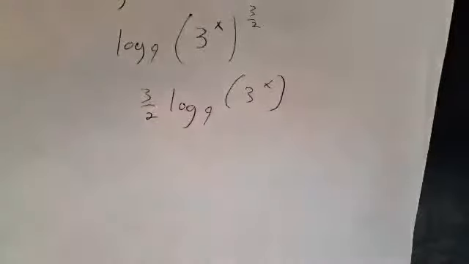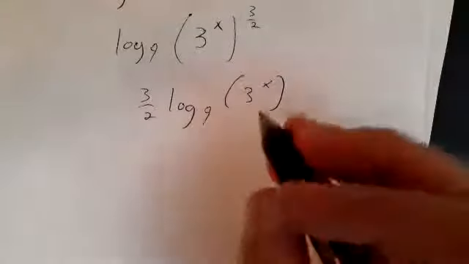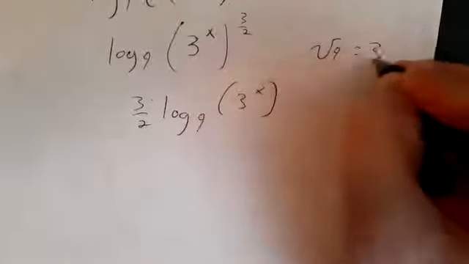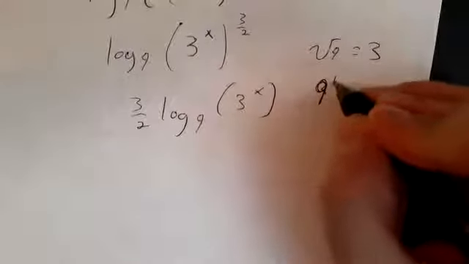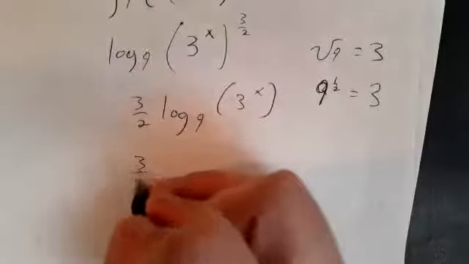This 3, if we're doing log base 9, it's kind of a silly trick. This 3 you can look at as the root 9. Root 9 is 3, or you can say 9 to the 1/2 power is 3. And so we can rewrite this as 9 to the 1/2 power.